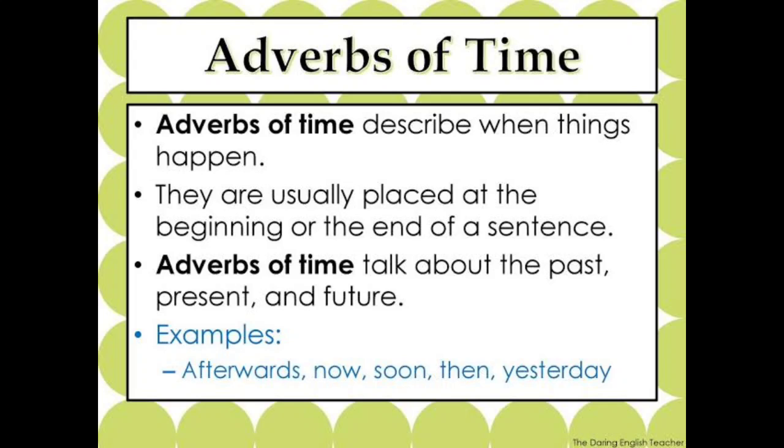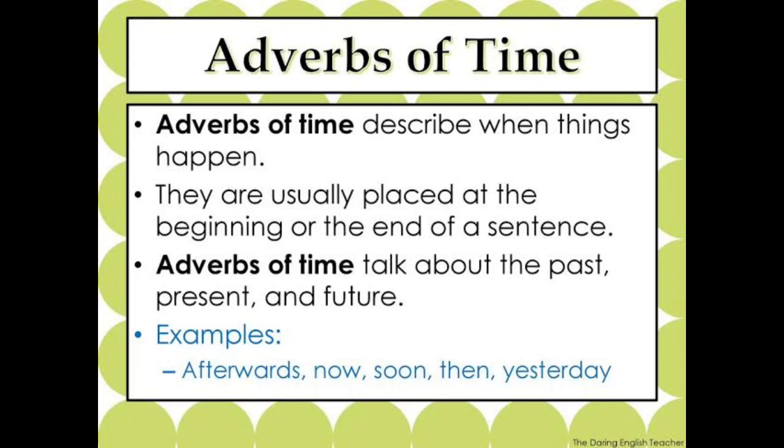So listen carefully and understand the thing carefully, children. Adverb of time always describes when things happen, and the words are usually placed at the beginning or at the end of the sentences. Adverbs of time talk about the past, present and future.